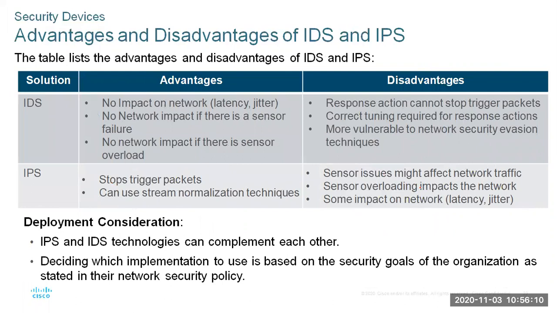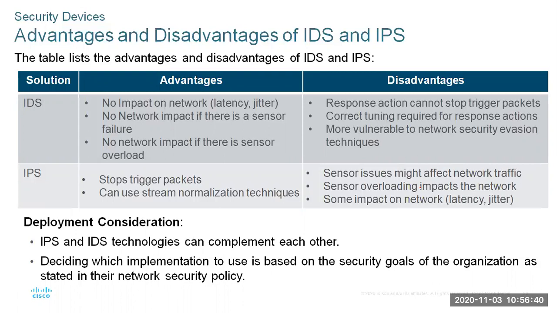So what are the advantages between IDS and IPS? For the IDS, there is no impact on the network. That means it's not going to affect your speed or your latency. No network impact if there is a sensor failure, and no network impact if there is sensor overload.